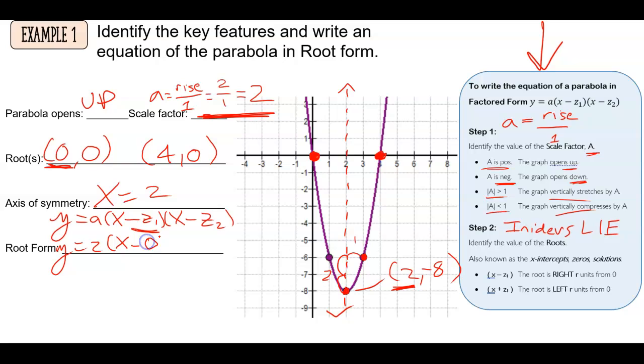Okay, it's weird when you have a 0, I'll be honest. And then on the other parentheses, x, and then again, insiders lie. What's the opposite of this positive 4? Minus 4. Okay. Do you see how I got a rise over 1, and then the roots, make sure they're opposite.